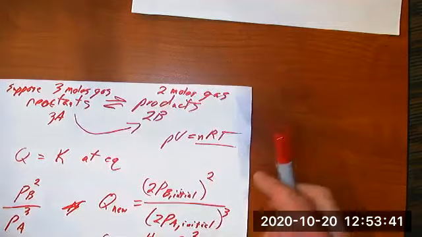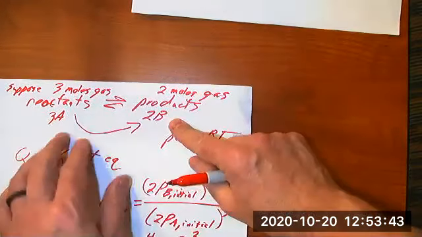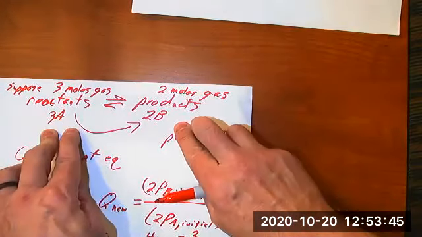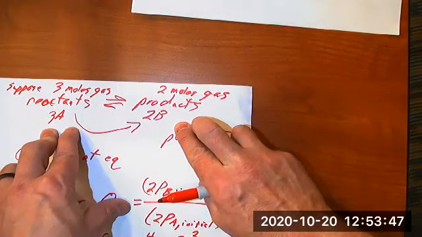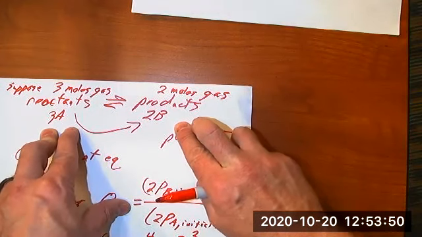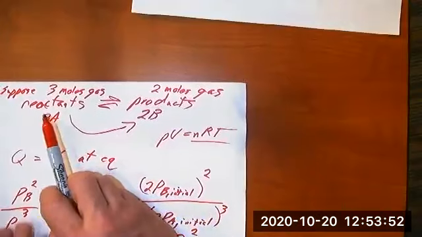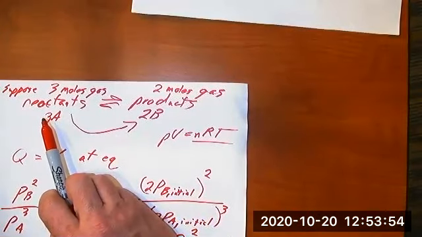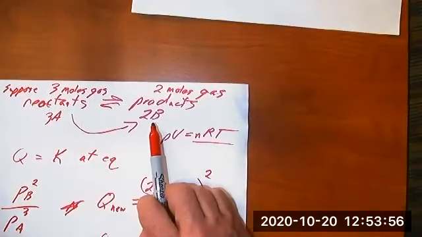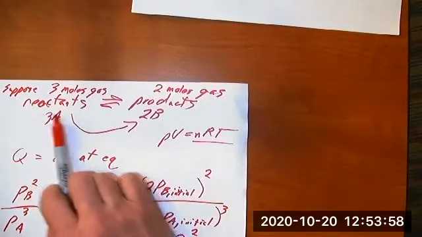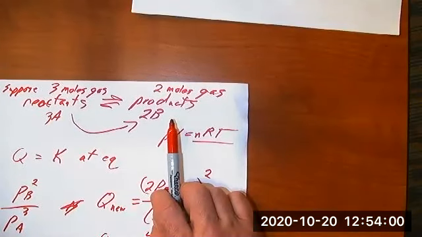Well, if you take this mixture that has reactants and products in it, and you compress it, the effect on the number of collisions on the left-hand side is going to be greater than the effect on the number of collisions on the right-hand side, because you need 3 things colliding here, whereas you need 2 things colliding here.